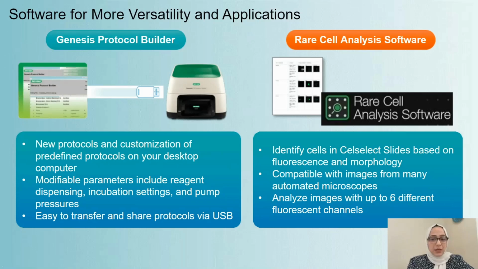And the rare cell analysis software has been recently released to identify cells on CellSelect slides based on a staining panel and morphology. It is compatible with images taken from any automated microscope and analyzes images with up to 6 fluorescent channels.